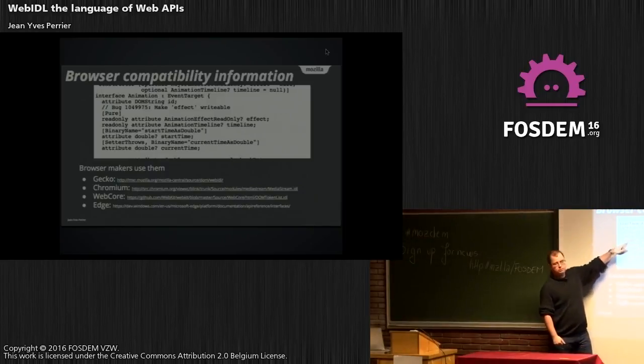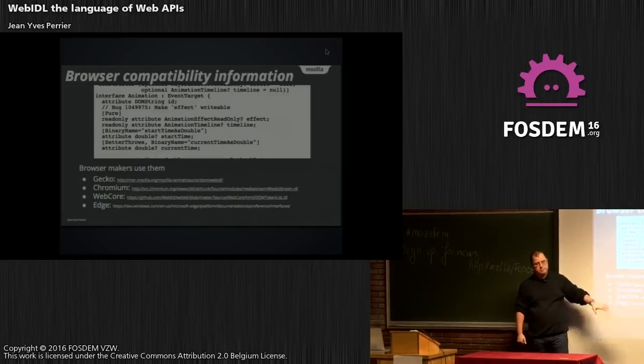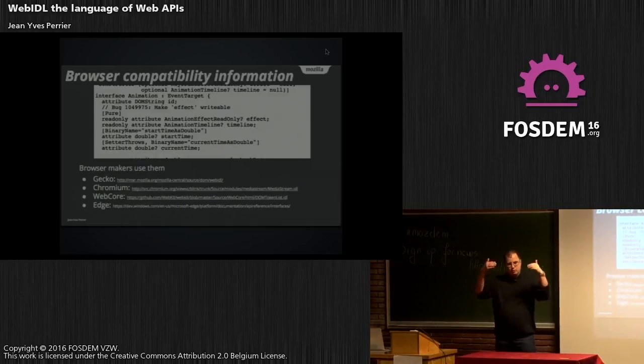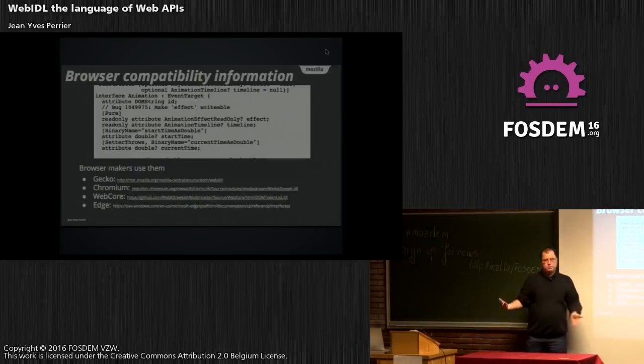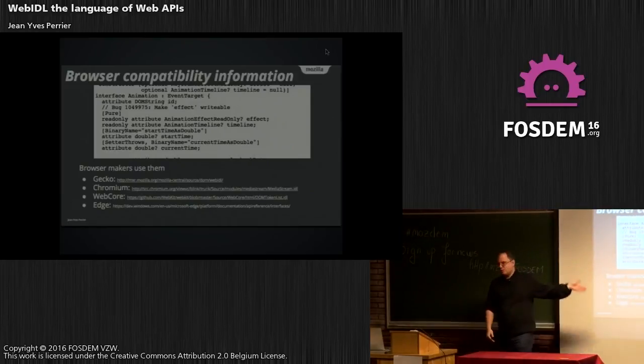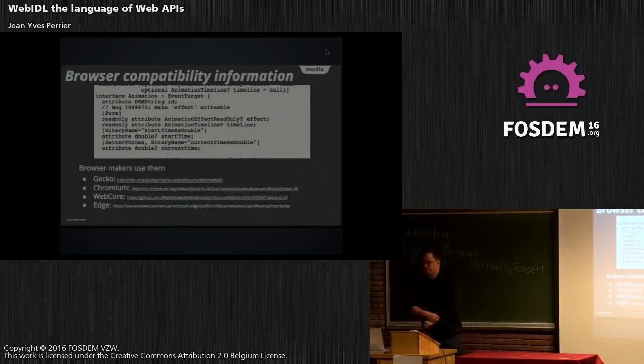Effect shouldn't be read-only, but for the moment it's read-only. So by accessing the different WebIDLs that are provided, you can quickly check the availability of something, or if something is not working, or maybe there is a bug, and the bug is known and written inside the WebIDL.